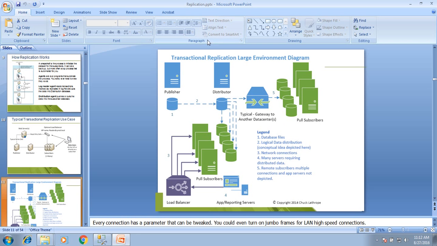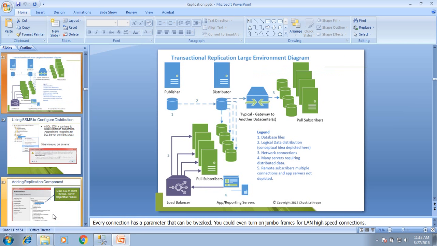Transactional replication has two modes: the pull subscription and the push subscription. When we say push subscription, the publisher will be the one responsible for giving the data to the subscribers. It will push the articles to the subscribers, telling them there is new data.